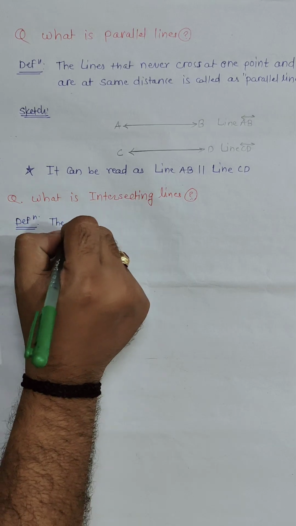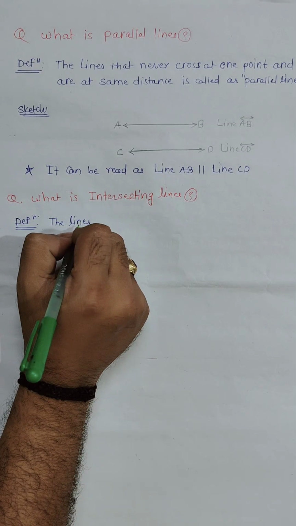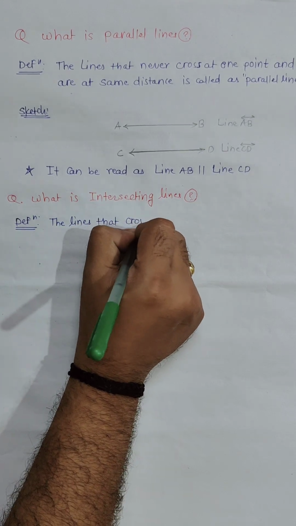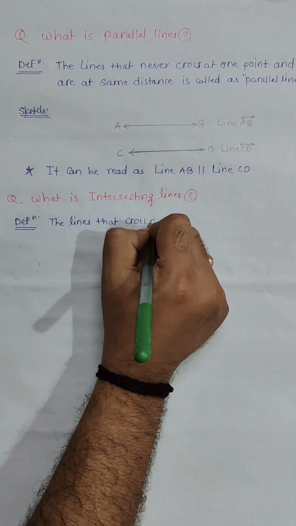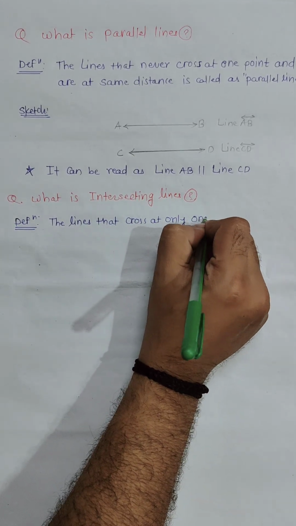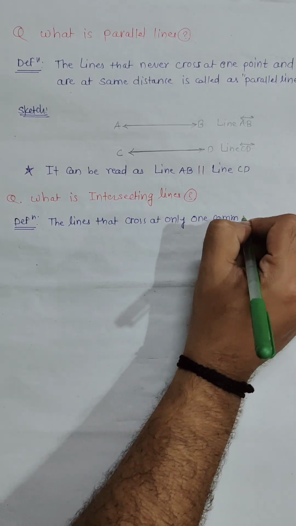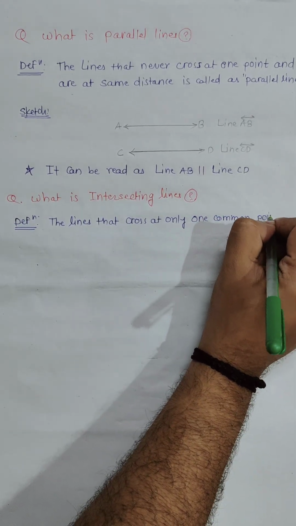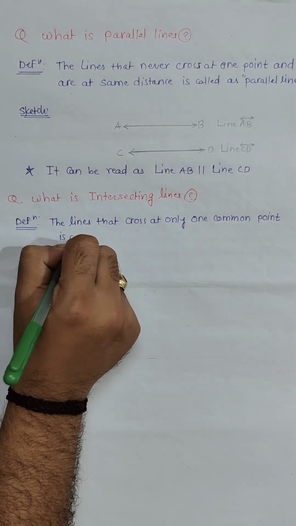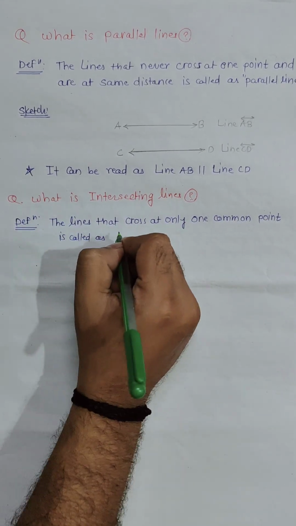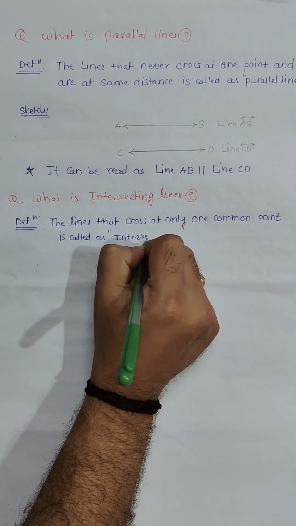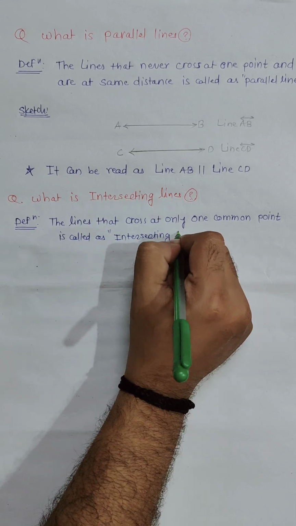The lines that cross at only one common point are called intersecting lines.